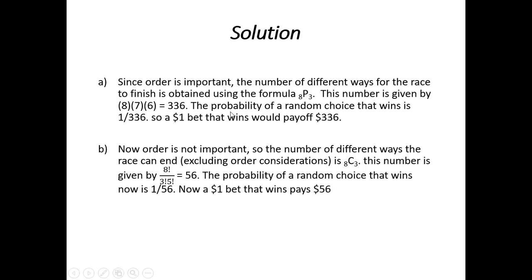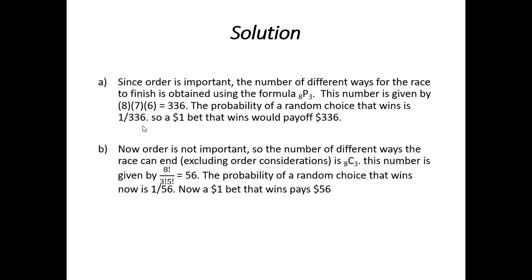So if somebody just made a random choice, okay, for the horses first, second, and third, the probability of winning would be 1 over 336. And in this case, a $1 bet should pay off about $336, maybe slightly less than this because the house usually takes a small percentage, but a $1 bet in a fair betting scheme would pay off $336 for this trifecta bet.